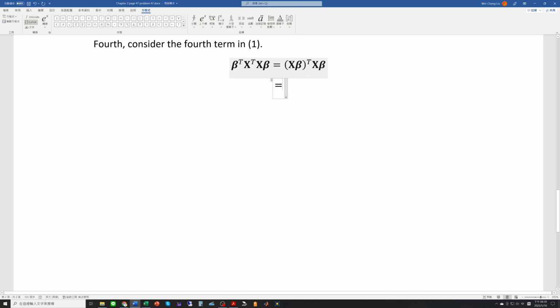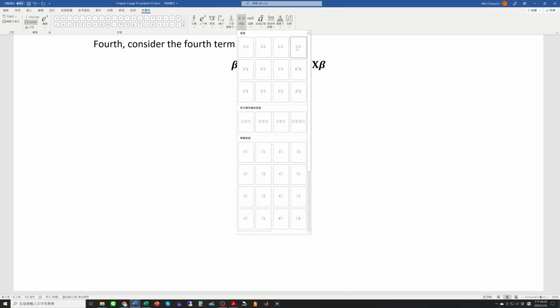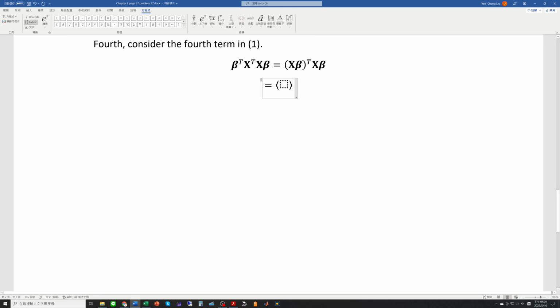If they are complex vectors, the transpose must be replaced by the Hermitian. So it is equal to the inner product, left angle and right angle, of X beta and X beta again.